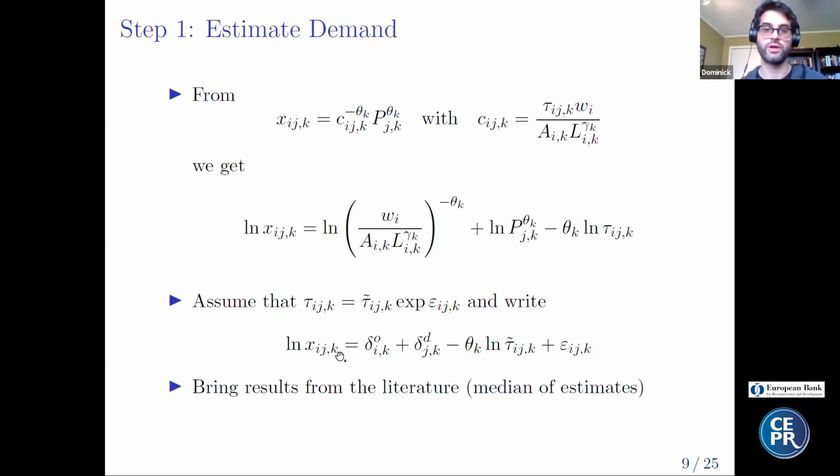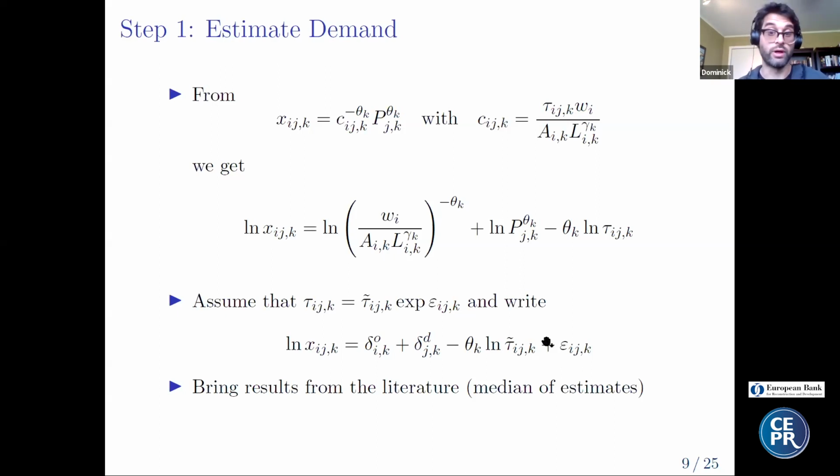The log of the trade share is going to be given by an origin effect, a destination effect, an observable bilateral term, that's a trade shifter, like a tariff, that has the coefficient theta in front of it, and an unobserved bilateral error term.